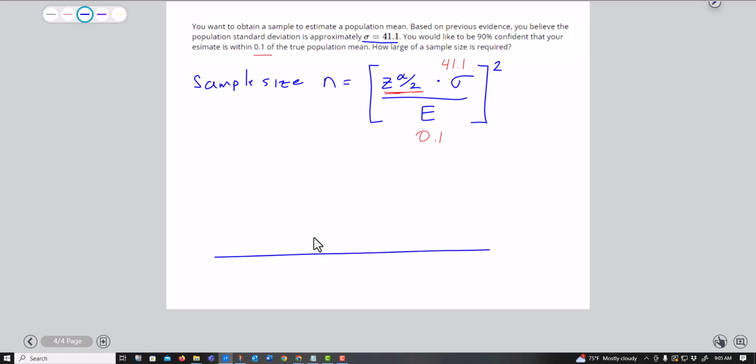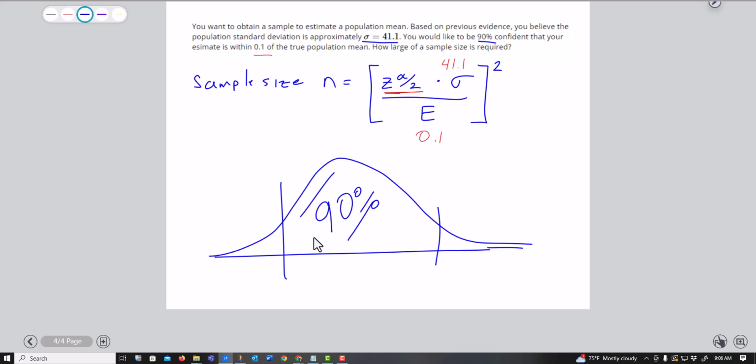So to do this, and maybe in the future I should just have this set up for you, this is our normal curve, and the mean is down the middle and all that kind of good stuff, but that's not what I want to show you. Notice it says 90%. Anytime you look something up in a table or even use Google Sheets, 90%, which is here in the middle, the Google Sheets or the table either gives you this Z value or it gives you this Z value.